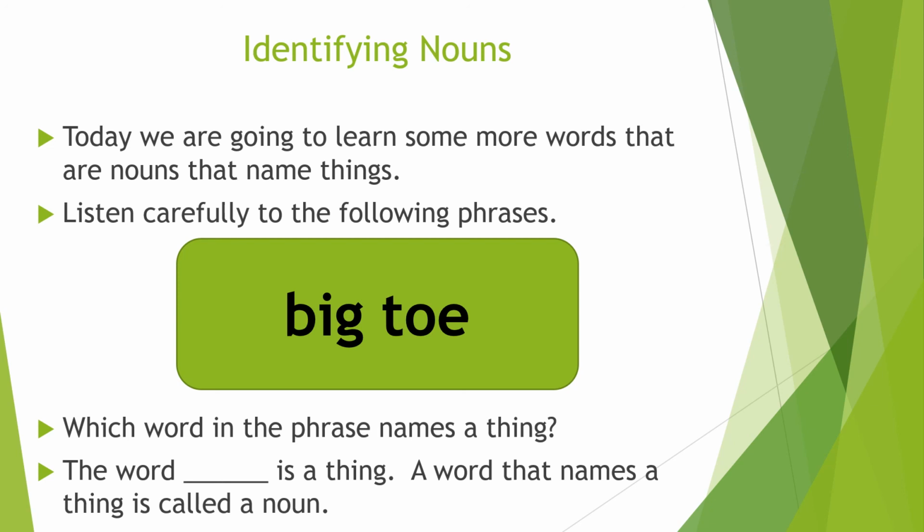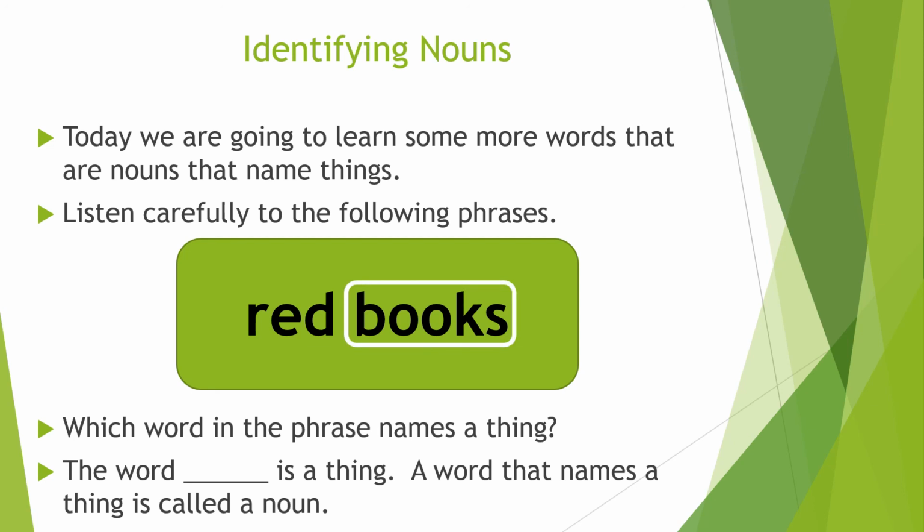Which word in the phrase names a thing? The word toe is a thing. A word that names a thing is called a noun. Red books. Which word in this phrase names a thing? The word books is a thing. A word that names a thing is called a noun.